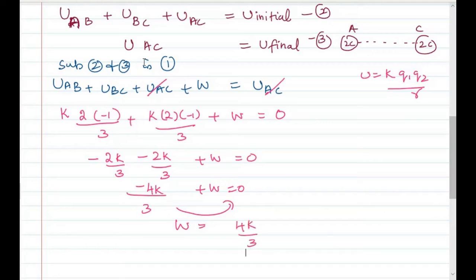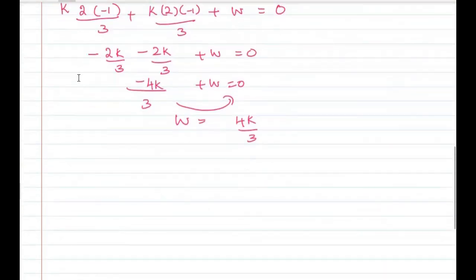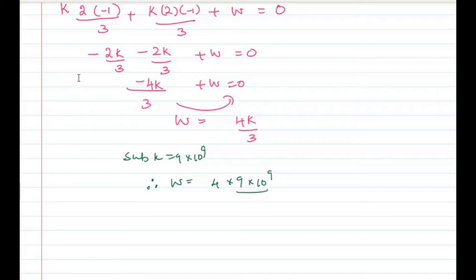So what is the value of k? We know that the value of k is equal to 9 into 10 to the power of 9. So therefore W will be equal to 4 into 9 into 10 to the power of 9 by 3.